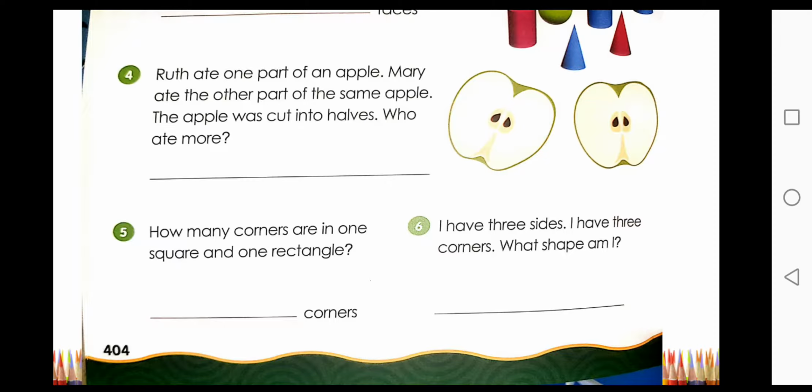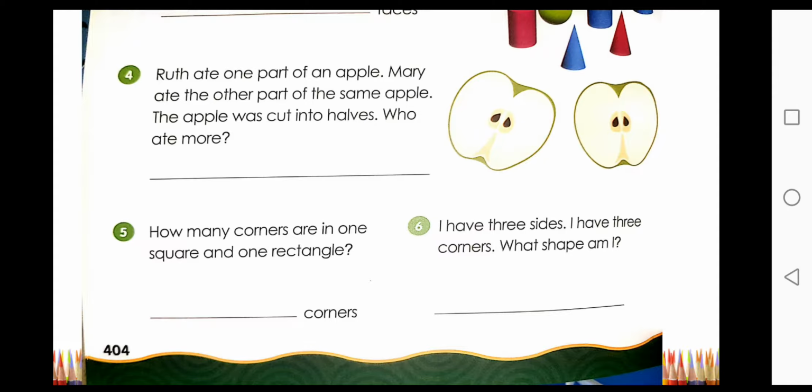And 1 rectangle. Now the rectangle has how many corners? A rectangle has 4 corners as well. So, how many corners are in 1 square and 1 rectangle? All of them will be 8 corners. Good.